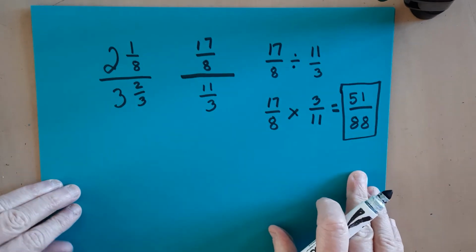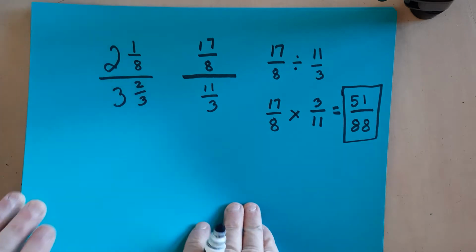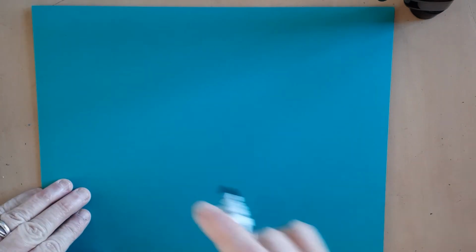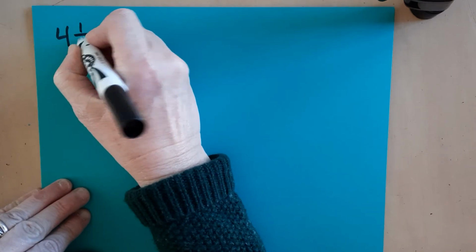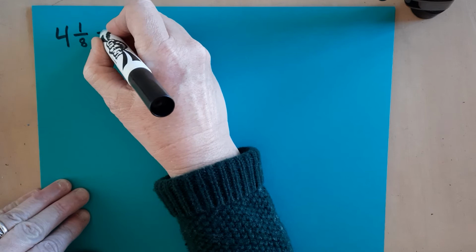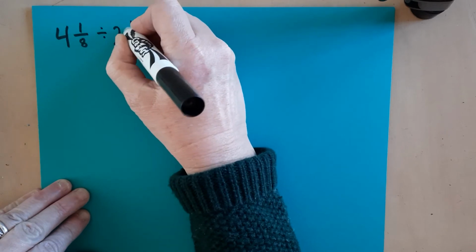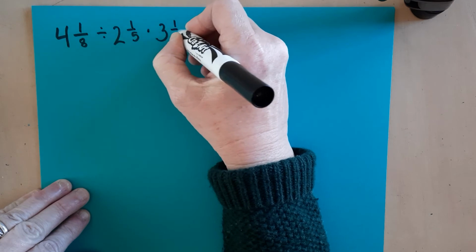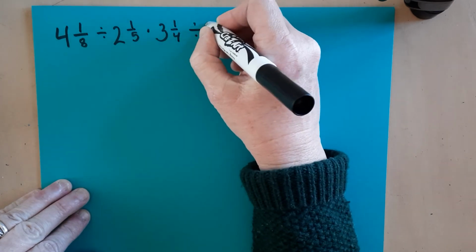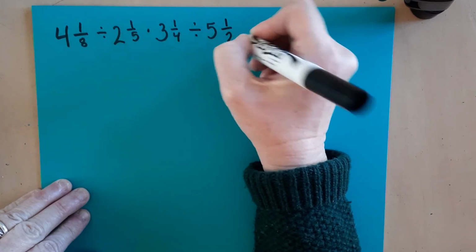We're going to do one more, and then I think we'll be done. I'm going to start with a fresh paper because this one has both division and multiplication. So I want to make sure that you know how to do this kind. 4 1/8 divided by 2 1/5 times 3 1/4 divided by 5 1/2.